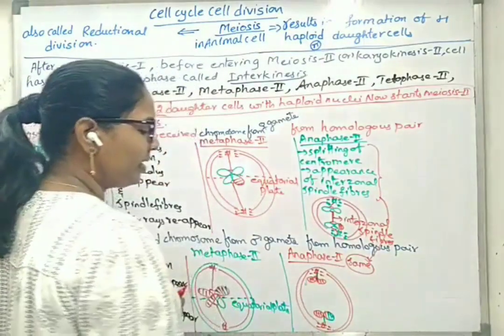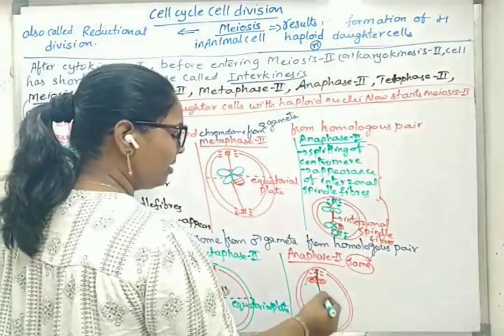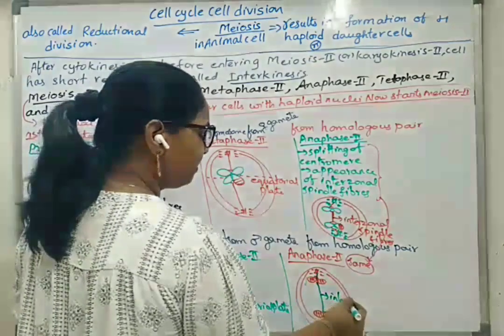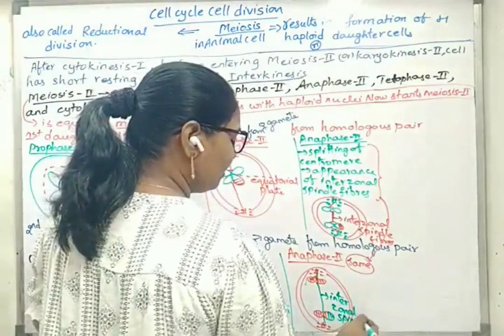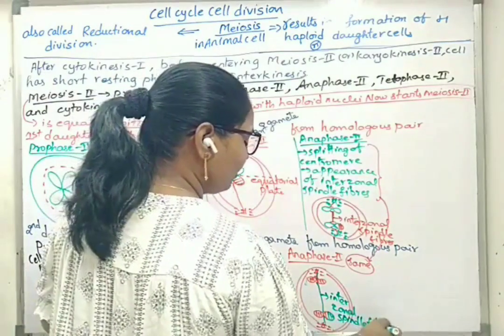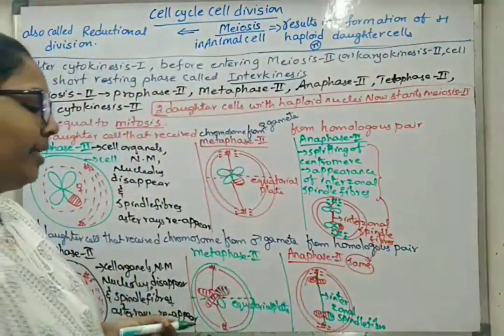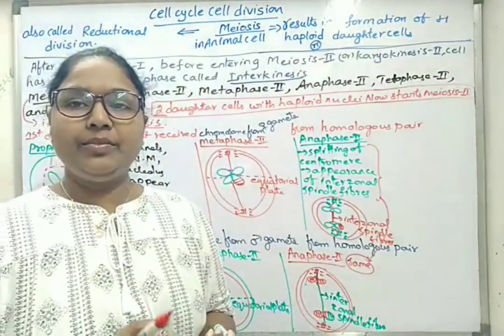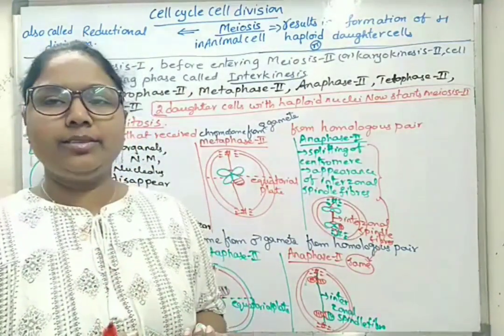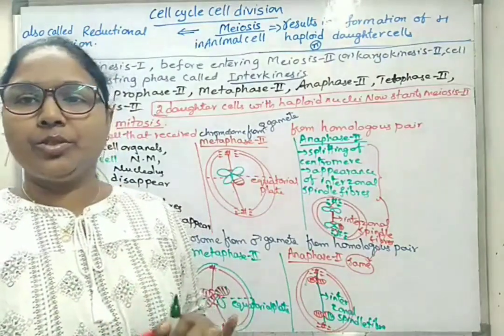So these are discontinuous spindle fibers. This is interzonal spindle fiber. So again I am repeating, splitting of the centromere will be seen in anaphase of mitosis and anaphase 2 of the meiosis 2 part.